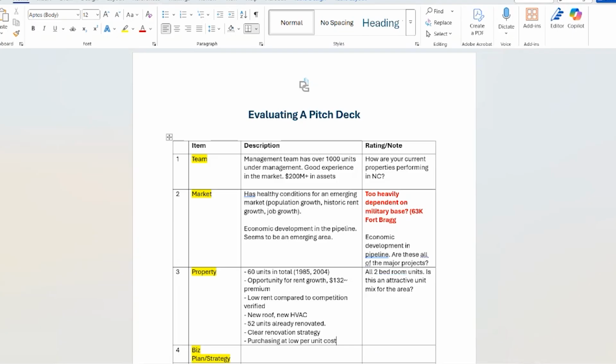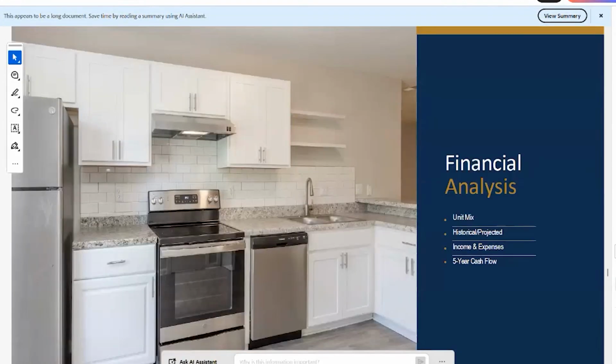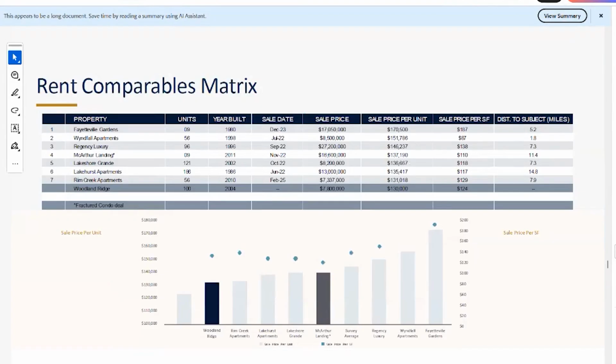Purchasing at a low per unit cost compared to the market. And what I mean by that, we are purchasing this property at $130,000 per unit compared to some of these other sales that were at a much higher price. Take note the year that the property was built as well.